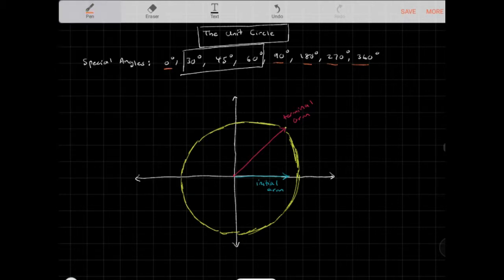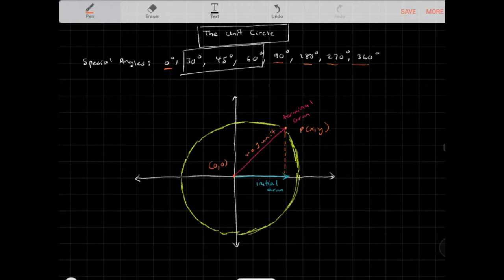We also stated earlier that we can look at the position of the terminal arm from the origin, the vertex, which is 0 and 0, as a point x and y. Now, a unit circle is a special case where the terminal arm's length, which becomes the radius if you have a full rotation, is going to be 1 unit.